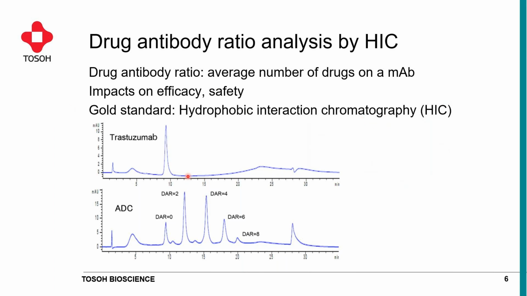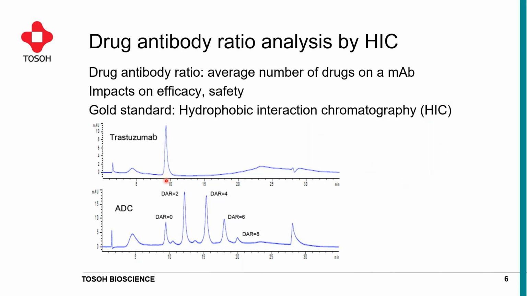What we see in the first chromatogram here is how the antibody without any conjugation looks when it's analyzed by HIC. We see one main peak that elutes around 9 or 10 minutes.